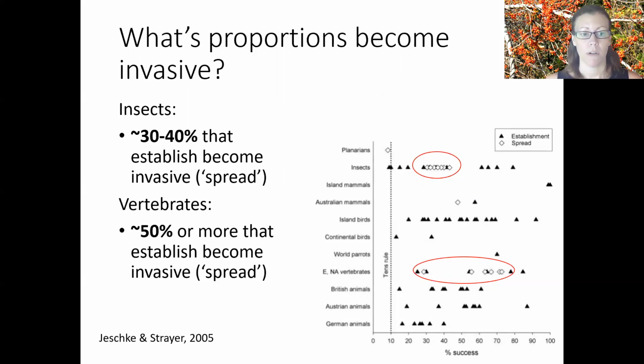For vertebrates, somewhere around 50% that successfully establish might then spread and potentially become invasive. So 1 to 10% plants, 30 to 40% insects, up to 50% potentially vertebrates. But still overall, the majority of non-native species are not invasive.